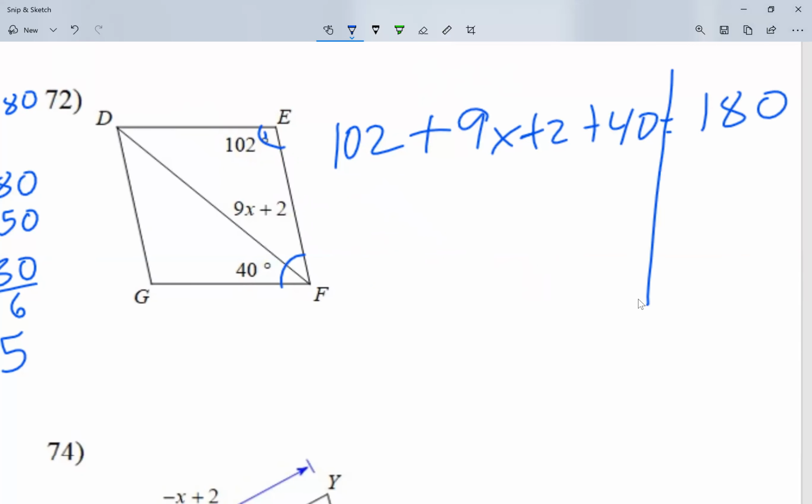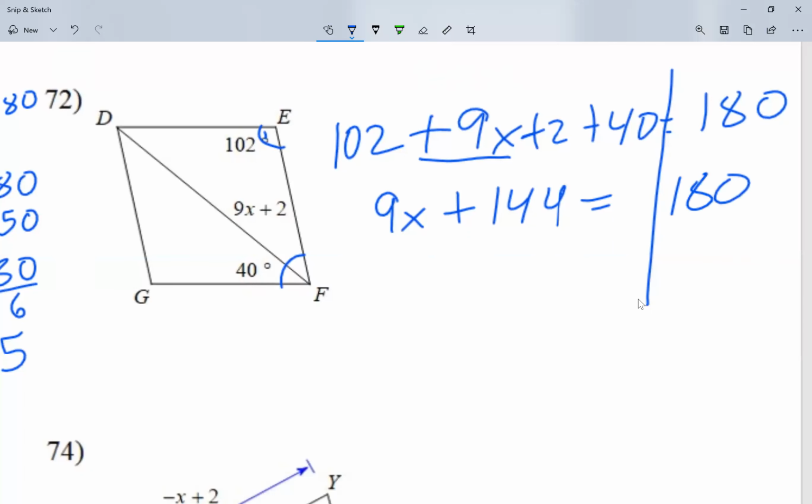All right, let me separate my sides through the equal sign. On the left side, when it comes to letters, I just have 9x. When it comes to numbers, I have 102 plus 2 plus 40. So I'm going to call that 144. This is equal to 180.